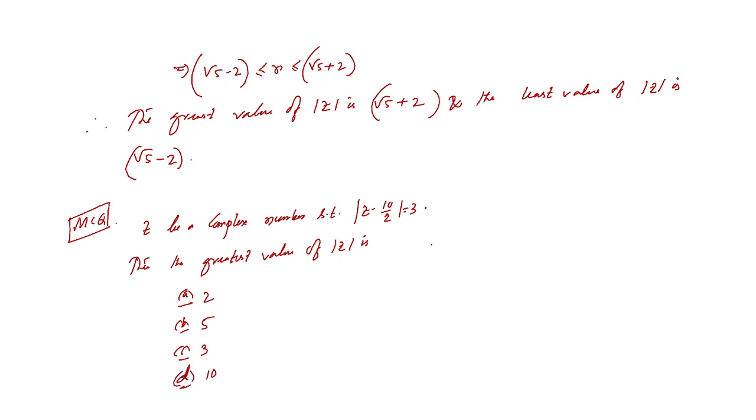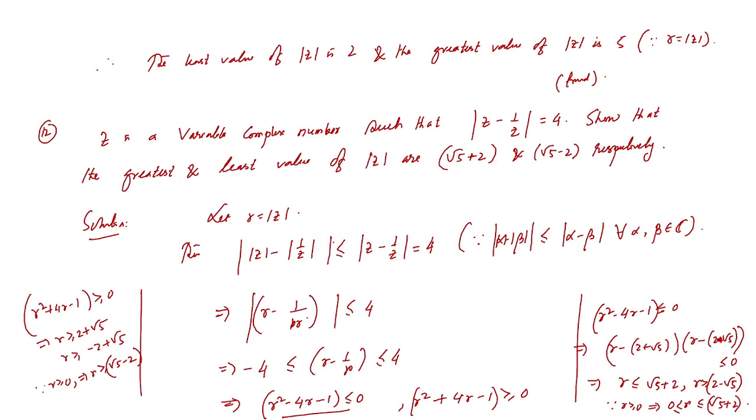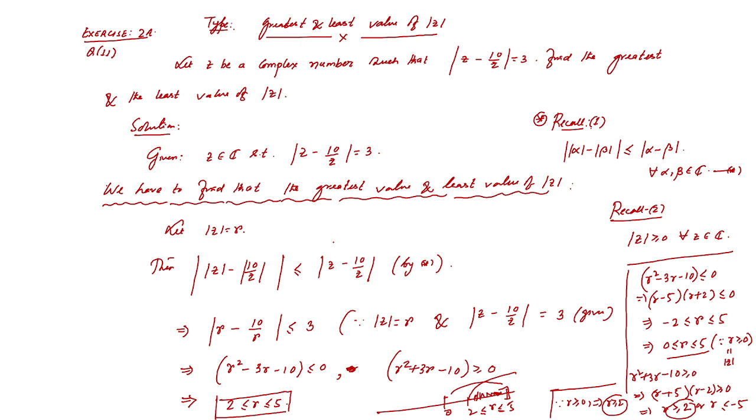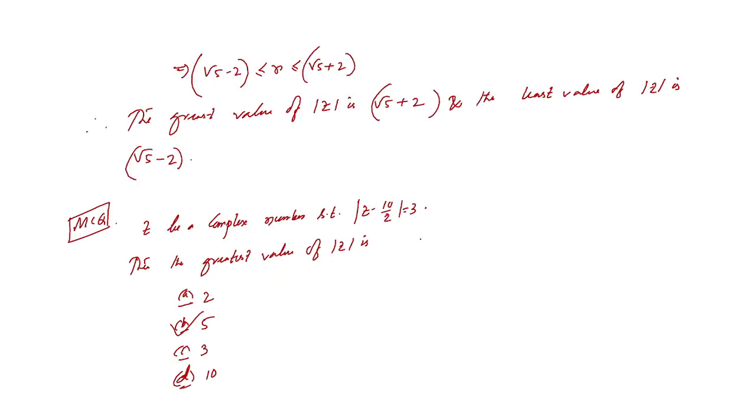So we have seen the problem, z minus 10 by z, that modulus is 3. In that case, the greatest value of mod z, I have already solved it. The greatest value is 5 and the least value is 2. So 5 is the correct answer. You can ask a similar kind of question in MCQ type.